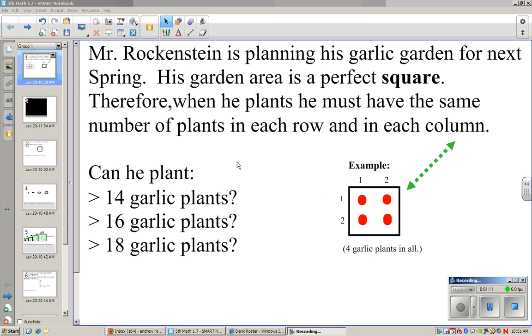So the question is, can I plant 14 garlic plants in a perfect square? Can I plant 16 garlic plants in a perfect square? And can I plant 18 garlic plants in a perfect square? So right now, pause and then figure out this problem, and then we'll come back and talk about it a little bit.